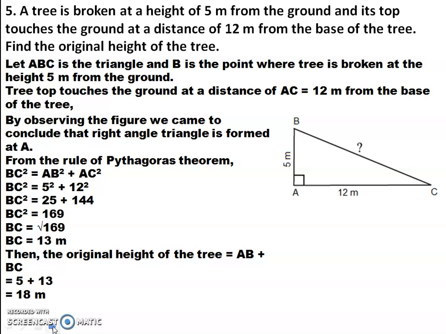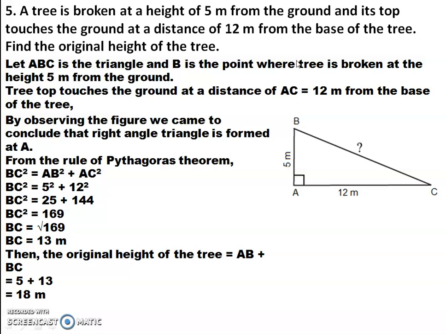A tree is broken at a height of 5 meters from the ground and its top touches the ground at a distance of 12 meters from the base of the tree. Find the original height of the tree. Okay, students, now assume this was a tree, that is AC was a tree.